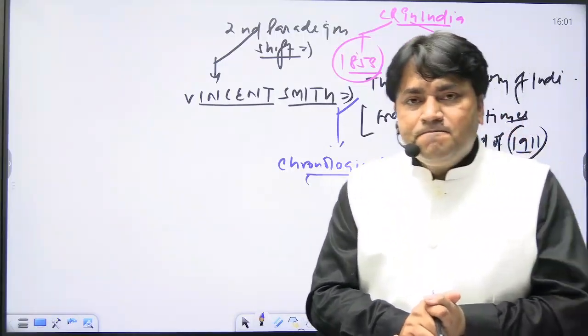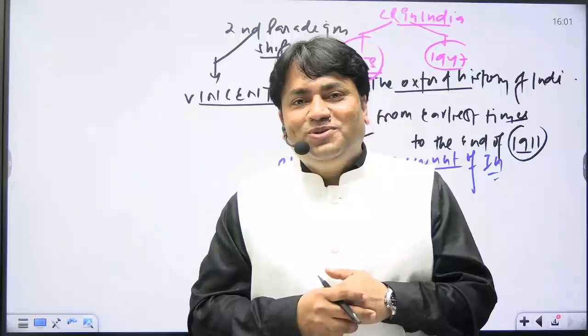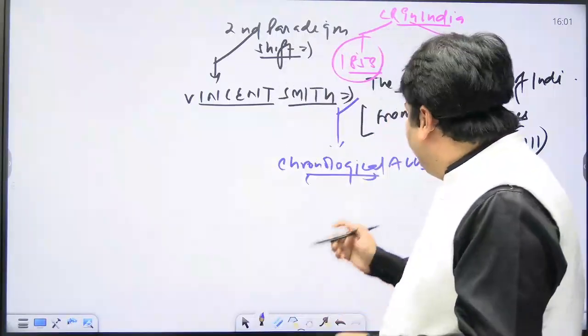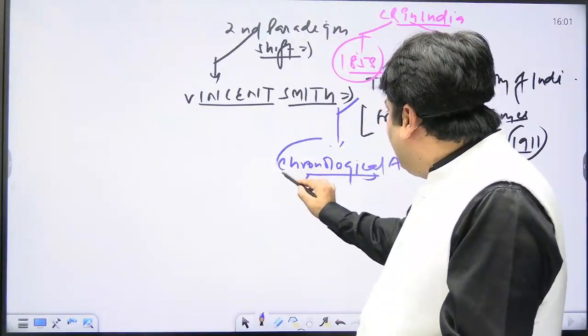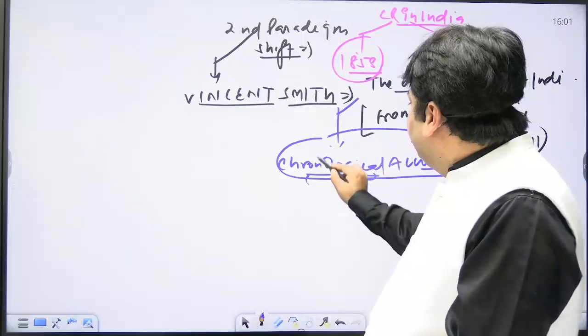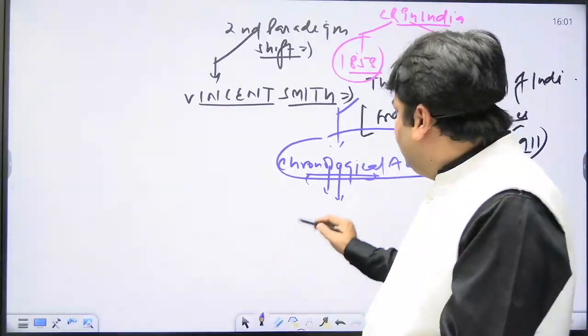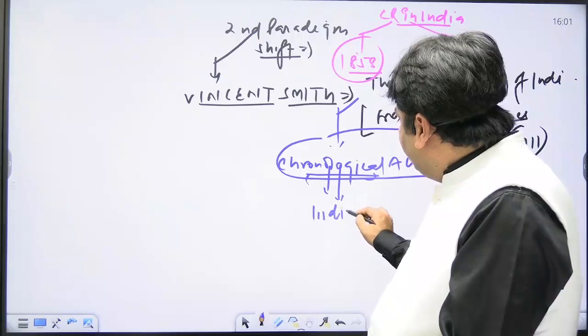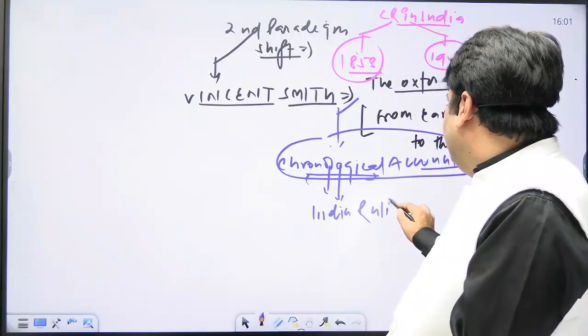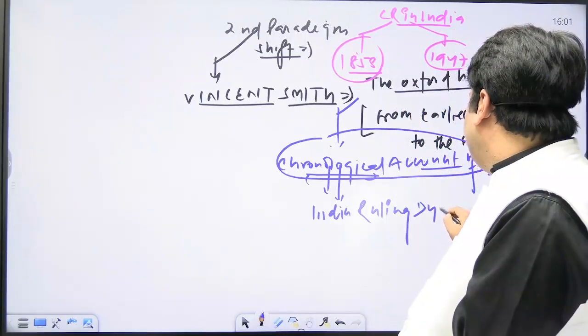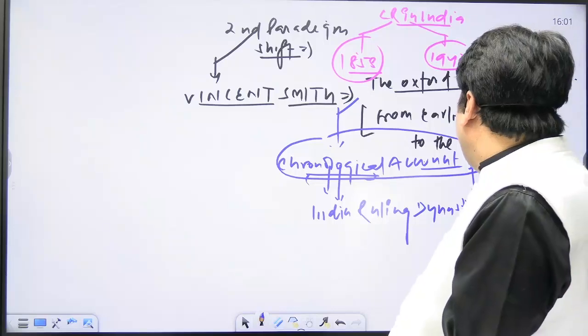So how would this chronological account be written? While writing the chronological account of Indian history, the focus or emphasis was given to the Indian ruling dynasties. This was the focus.